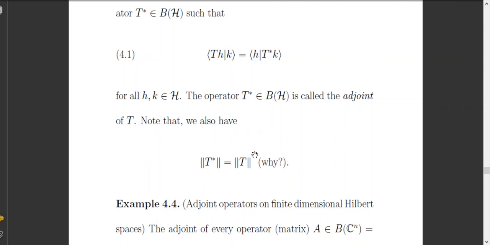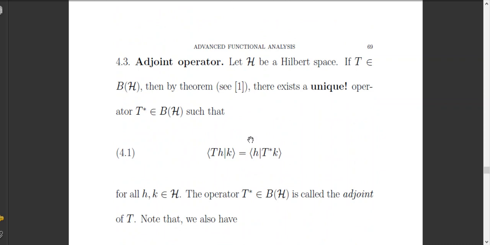However, you may refer to textbooks. And this means that corresponding to every bounded linear operator on a Hilbert space, there is an adjoint, or simply, we can say every bounded linear operator on a Hilbert space is automatically adjointable.